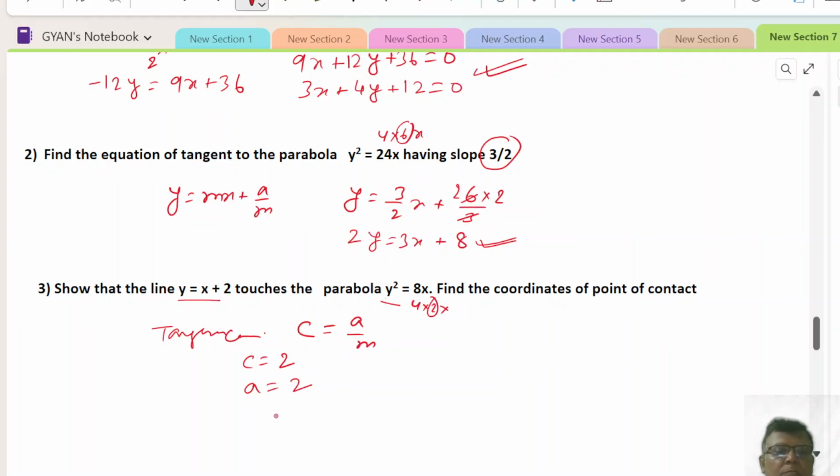And what is m? m is 1 from the line y is equal to mx plus c. So it should satisfy this equation, then it is tangent. So c is equal to 2, a by m is equal to 2. So it satisfies this equation, which means this line is tangent to this parabola. Thank you.